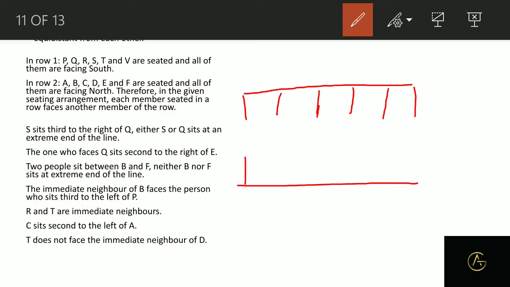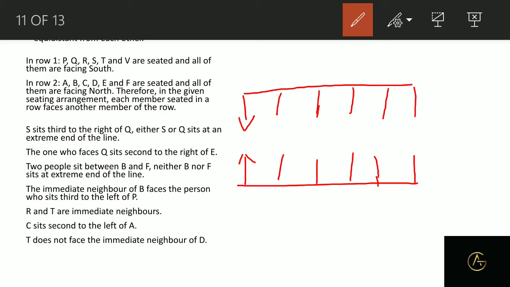In row 2, A, B, C, D, E and F are facing north. Therefore, in the given sitting arrangement, each member sitting in a row faces another member; they are facing each other.